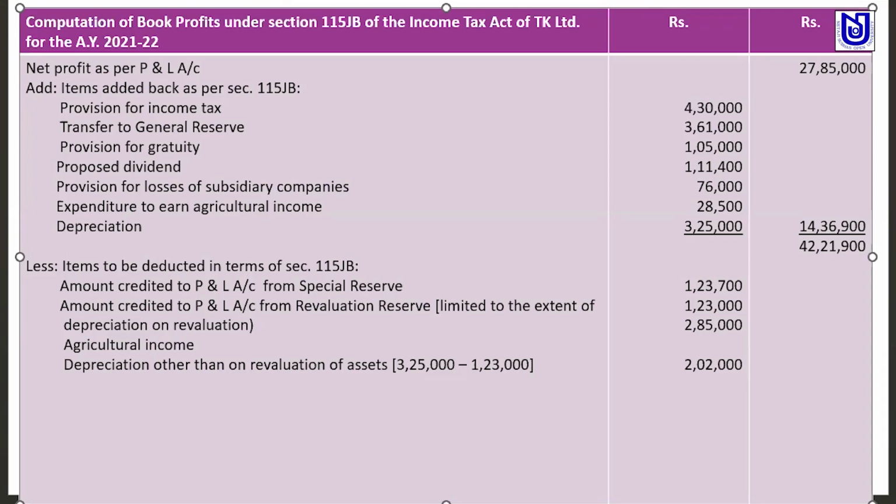Of these two, whichever is lower is mentioned here. That is in point E in page number 19: amount of loss brought forward or unabsorbed depreciation, whichever is lower, as per books of accounts, has to be deducted. So brought forward loss is 186 and unabsorbed depreciation is 147. So lower is 147. So this 147 is to be deducted.